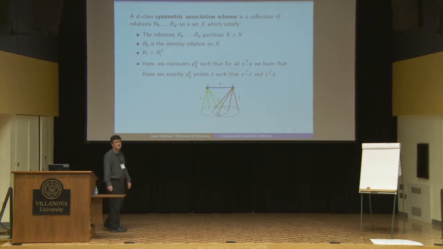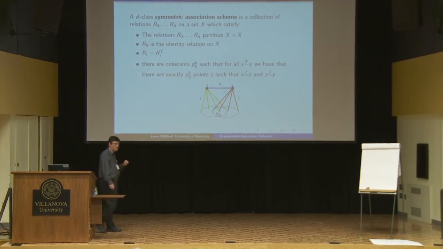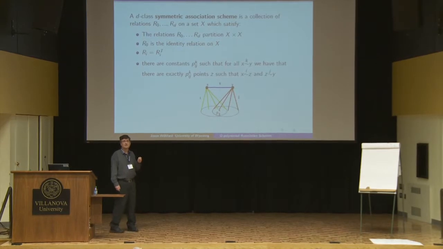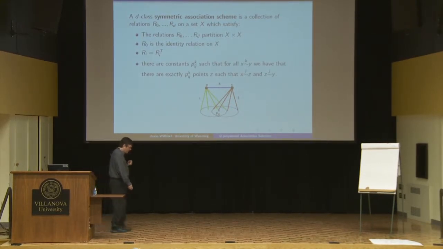Just in case you've dodged all of the sessions that have defined association schemes: first of all, I'll only be talking about symmetric association schemes, and fairly soon I will stop saying symmetric, but it will be implicit. You have a set X and a set of relations partitioning X cross X. The identity is one of them.